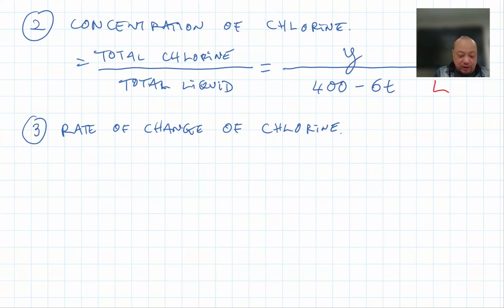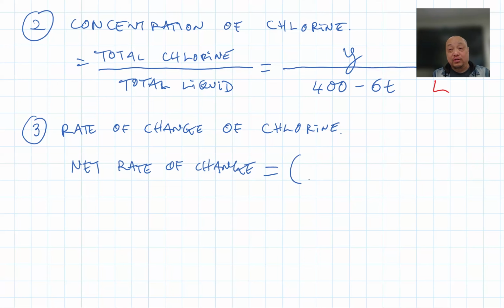The net rate of change, all of them, no matter how complicated they make things, boil down to just this principle. And that is that the net rate of change is the rate coming in minus the rate coming out.